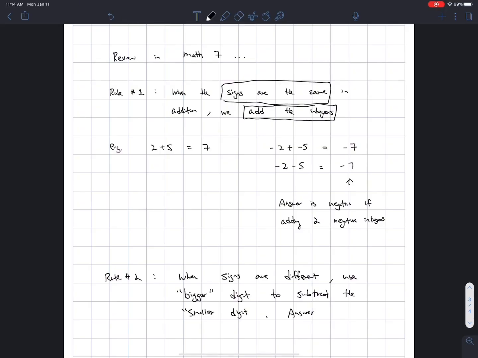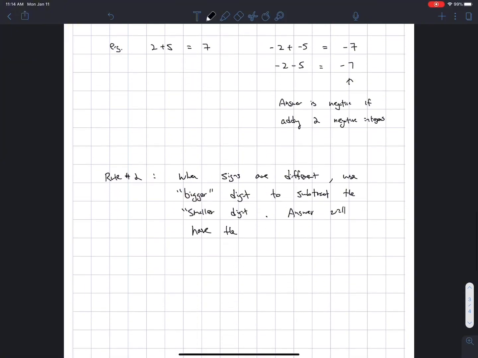Answer will have the same sign as the bigger digit.